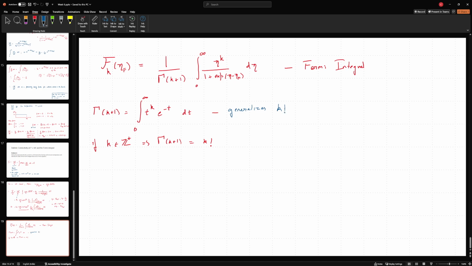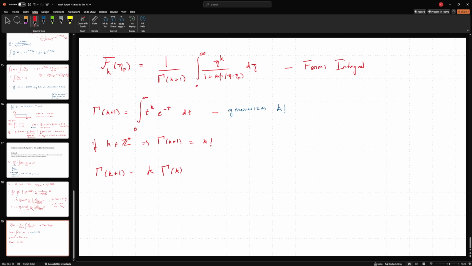So there are some standard properties for this. Some of the properties are as follows. Since it is a factorial, gamma of k plus 1 is going to be k times gamma of k, just like in factorial n is n times n minus 1 factorial.